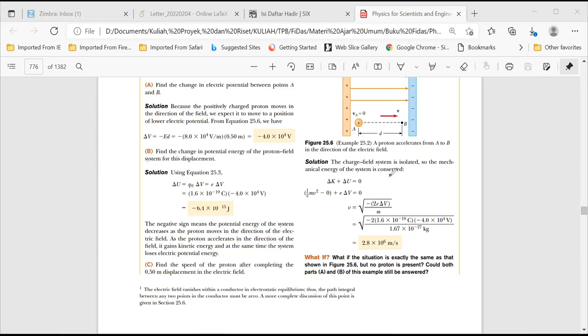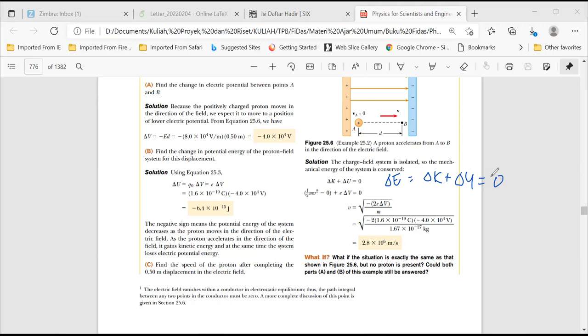Delta E equals delta K, the kinetic energy, plus delta U, the potential energy. Conservation of mechanical energy means that the difference is 0.